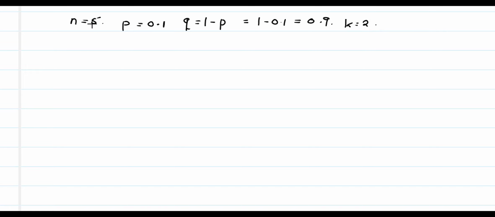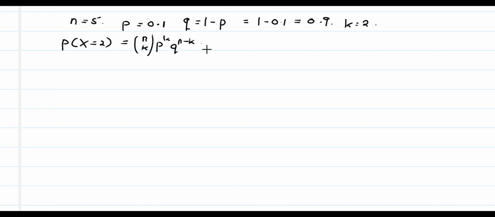So I can start with saying P of X equals 2 is equal to n choose k, then times the probability of success raised to power k, times q raised to power n minus k.